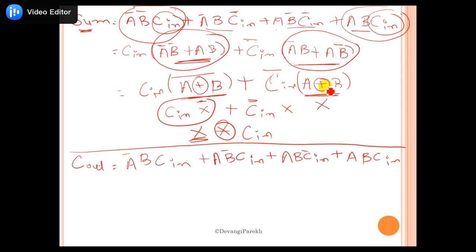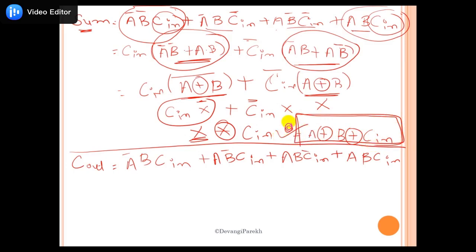Our X is A XOR B. So the final specified Boolean expression for sum is A XOR B XOR C in. Here is the final expression for sum.